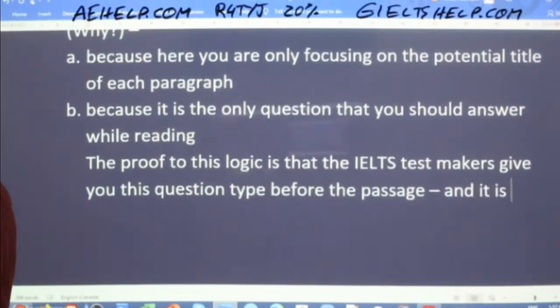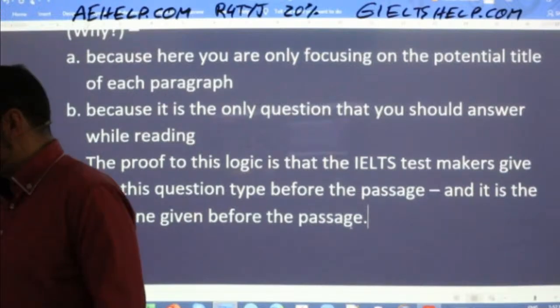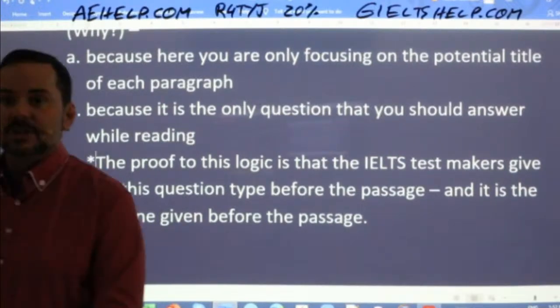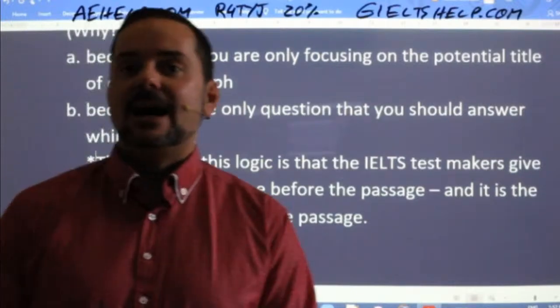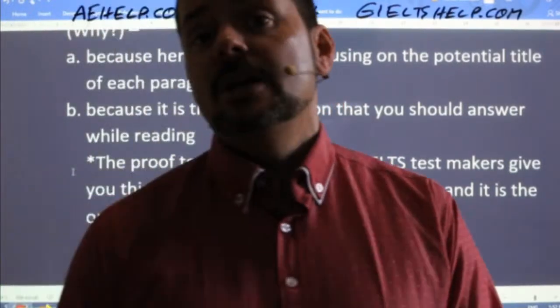And it is the only one given before the passage. Okay, everybody's realized that, I'm sure, right? Every other question type comes after the passage, and this is the only one that the IELTS examiners give you before the passage.